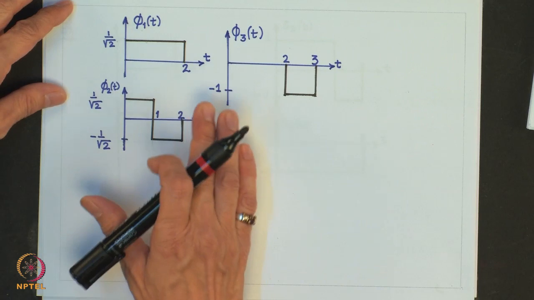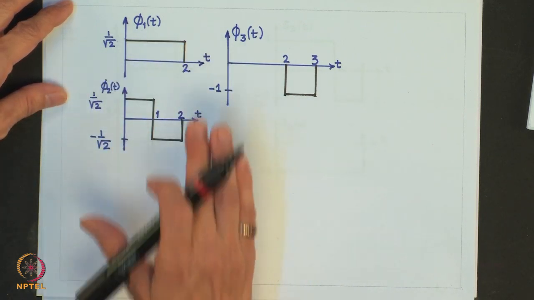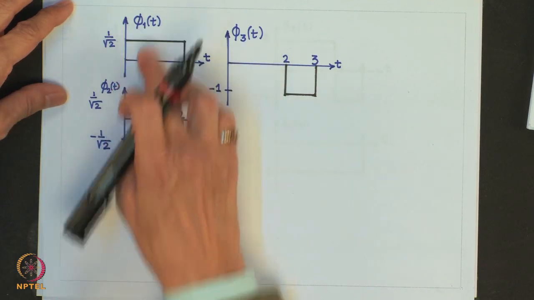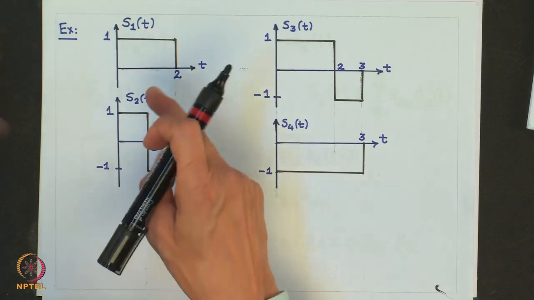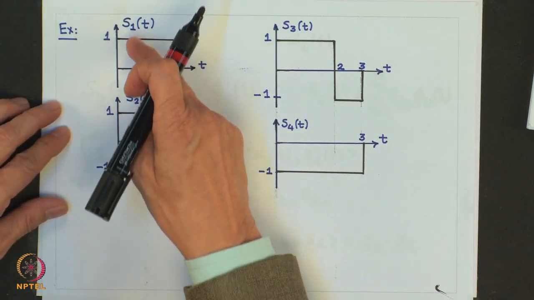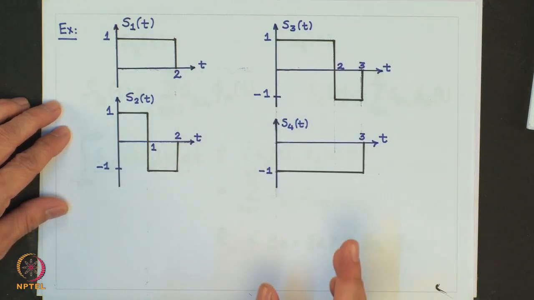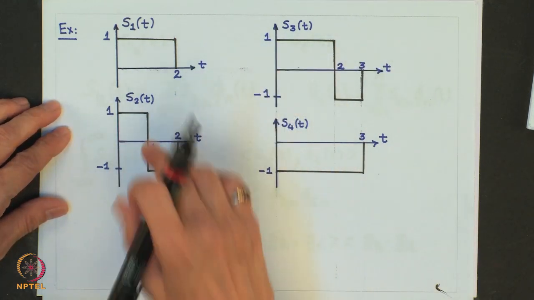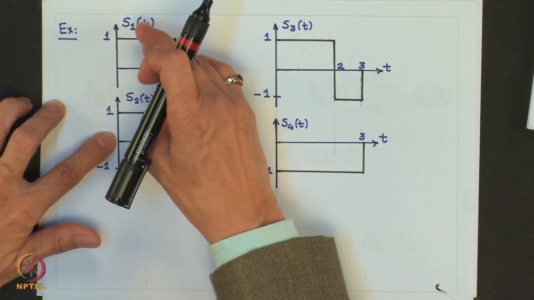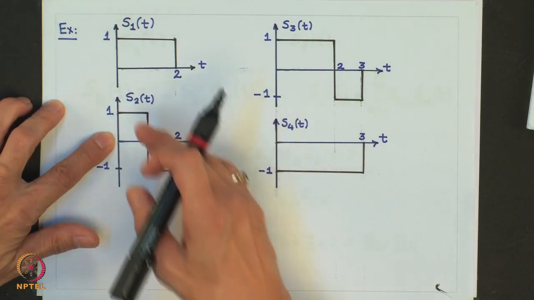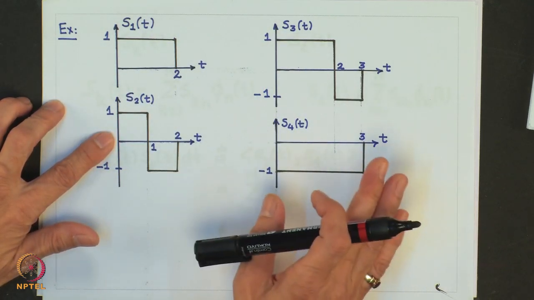But it is important to note that this orthogonalization procedure does not provide you unique orthonormal basis signals, correct, because it all depends on the way we have arranged s1(t), s2(t), s3(t), s4(t). If I had arranged it a little differently, for example, if this was s1(t) and this was s2(t), then I would get a different set of orthonormal basis signals, correct.